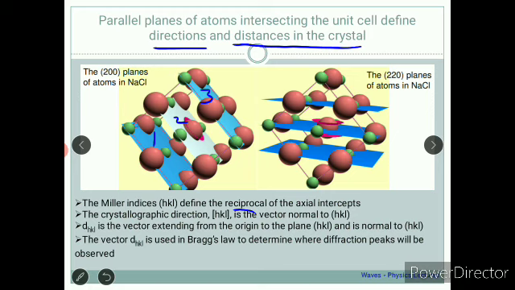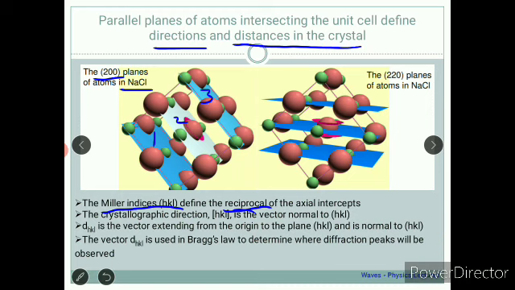Now this Miller indices is basically taken in the reciprocal space. All of you might remember reciprocal space from, again, solid state physics. Reciprocal space gives us a better picture because we can consider more atoms there. So these three will have the same Miller indices. This is nothing but the 200 plane of the sodium chloride crystal.